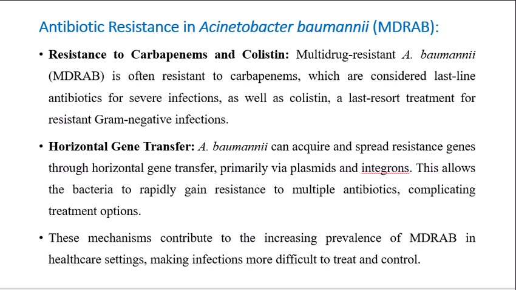Acinetobacter baumannii can share resistance genes with other bacteria. It uses plasmids, which are small circular DNA, and integrons, gene collectors. Bacteria pass survival instructions to each other.